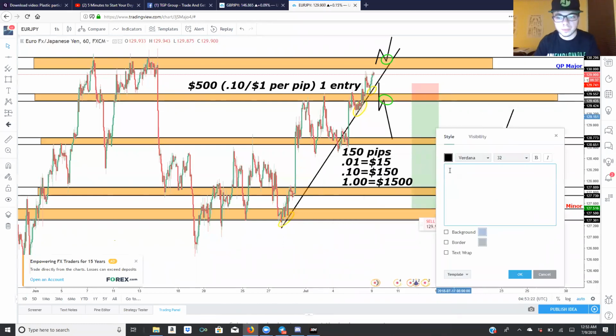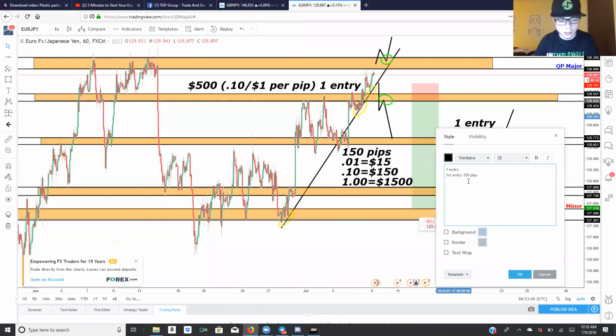All right, so one entry point, okay? So we got one entry, and we'll say the first one is at 150 pips. First entry, 150 pips.